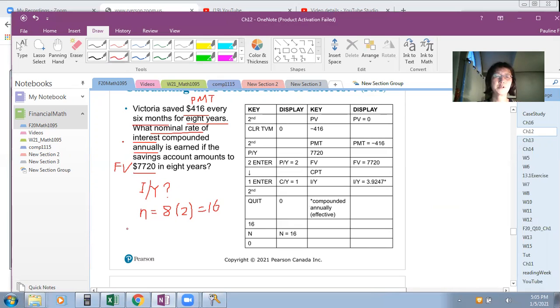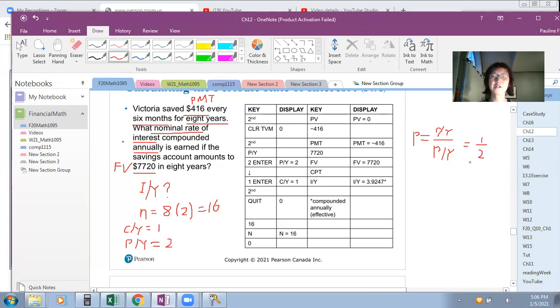So remember, we have C/Y equal to 1 because interest is compounded annually, and P/Y equal to 2. Okay. So what is C? C equal to C/Y over P/Y, so it is 1 over 2.